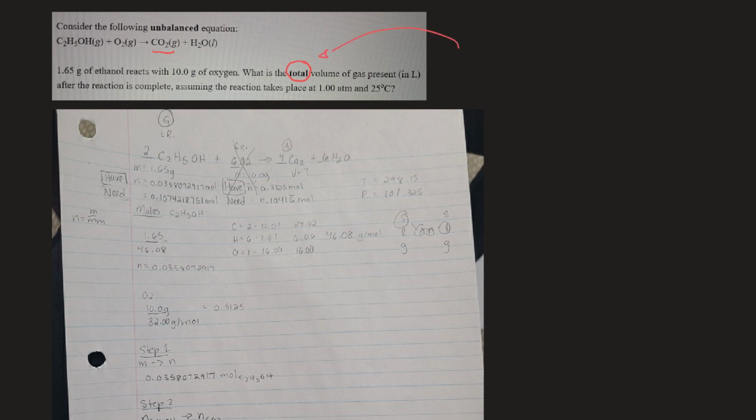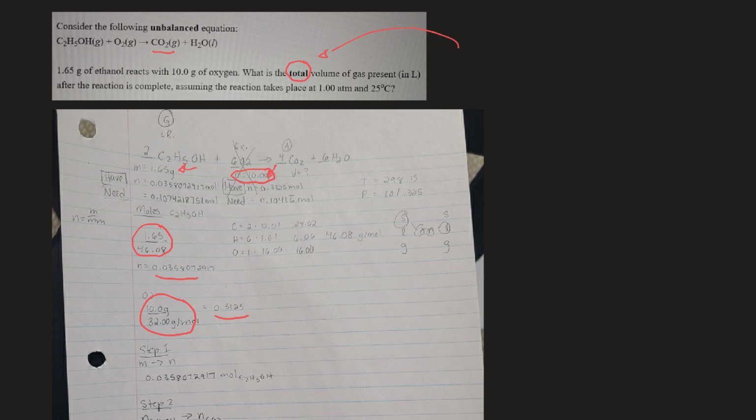Okay, so I'm given 1.65 grams of ethanol, 10 grams of oxygen. I convert the grams of ethanol right here into moles. Perfect. And I convert the mass of oxygen right here into moles. Good.